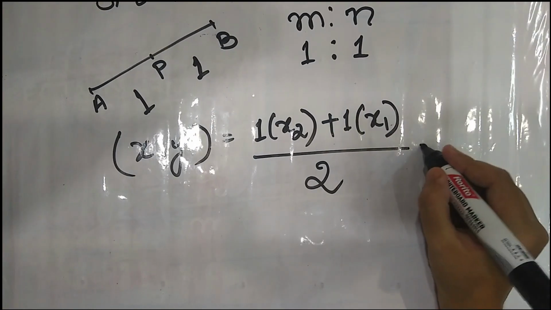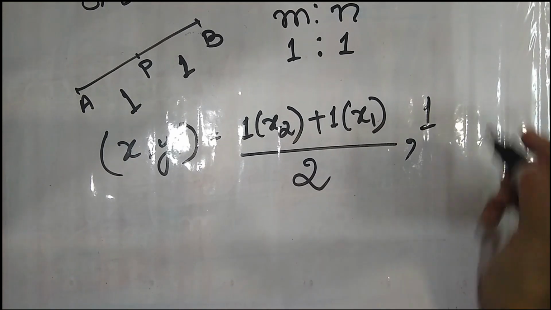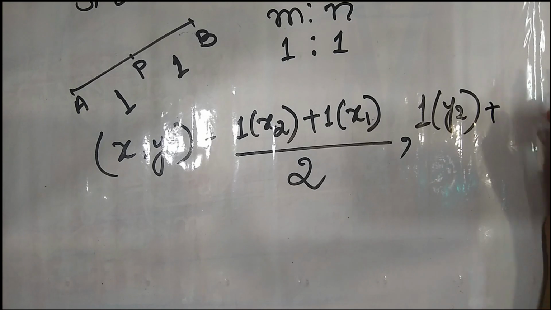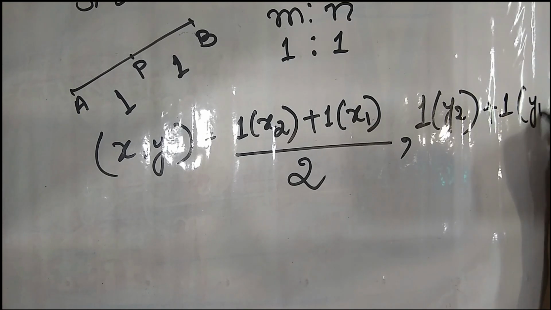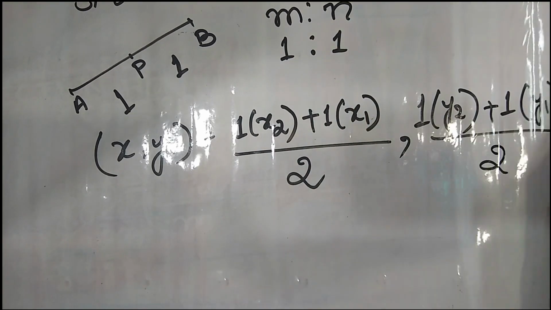Now we are done with the x coordinate. Now for the y coordinate, m, which is 1, into y2 plus n, which is again 1, into y1, divided by m plus n, 1 plus 1, which is 2.